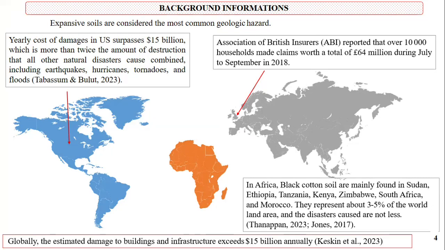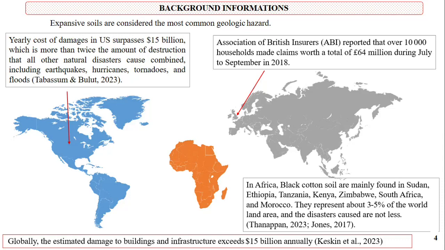Already you are in structural engineering in that slide. You are talking of the issue of expansive soil. You are showing us the effect. So going forward to slide number 4, now you start talking of the distribution of expansive soil across the globe. I feel like you are diluting your statement in slide number 3.